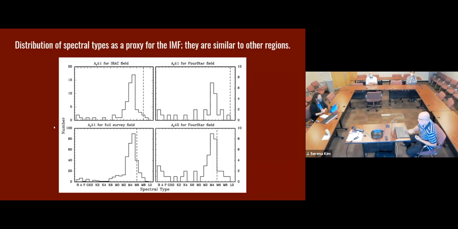And here are the distributions of spectral types from our full census for those different fields. These are the low extinctions in the IRAC field, which is mostly sampling that older population. Here is low extinction for the full survey field. I should say these dotted lines show our completeness limit in spectral type, keeping in mind that M5 is about 0.2 solar mass.